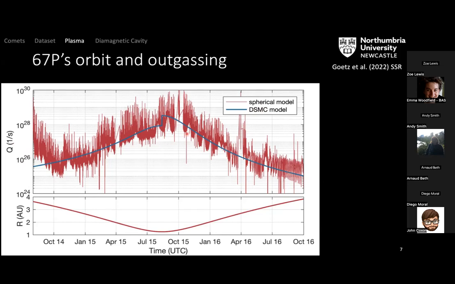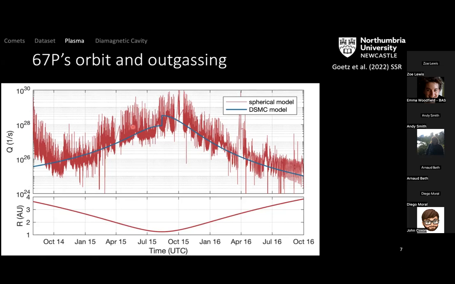However, if you're interested in more local and shorter time scales, we found that taking the measurements of the neutral gas density by the spacecraft and inferring a gas production rate from that is a better estimate of the gas production rate, as it is important for the plasma.